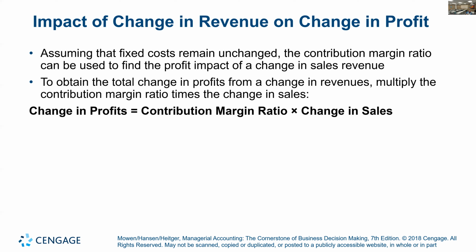Well, it's going to go up by $200,000 multiplied by the contribution margin percentage, because our fixed costs are already covered. Okay, so it allows you to work some numbers in your head a lot easier when you know how much of your selling price is contributing to your profit or covering your fixed costs and then your profit, and how much of your selling price is your variable costs of production.